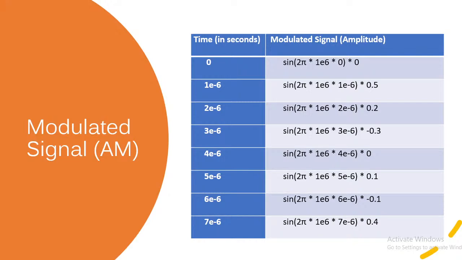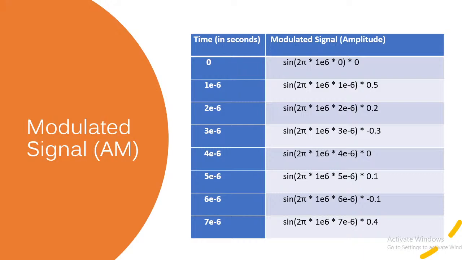The first part, the sine part, remains the same as the carrier: sine 2 pi times 10 to the power 6 into 0, 10 to the power 6 into 1 into 10 to the power minus 6, up to 10 to the power 6 into 7 into 10 to the power minus 6. Those remain constant.